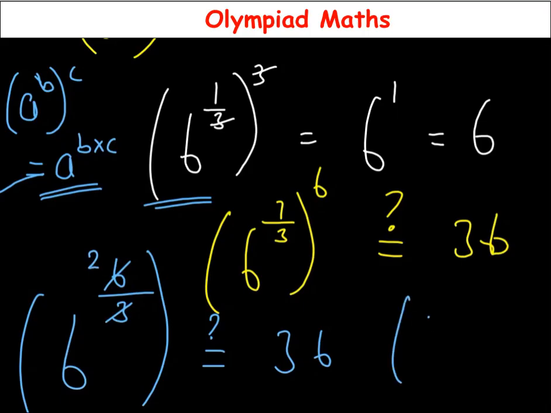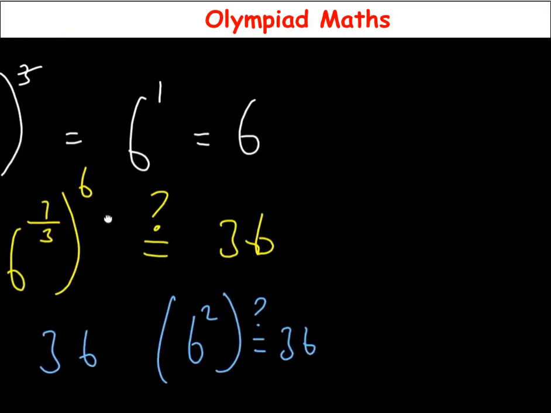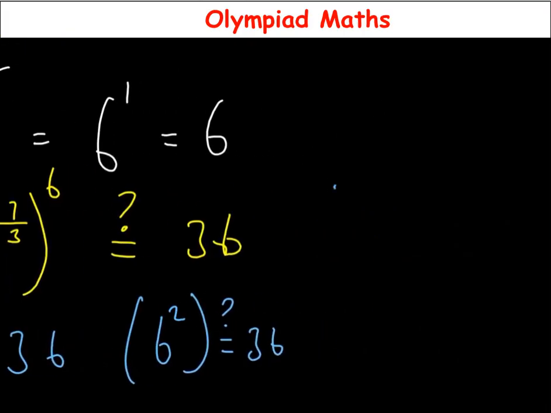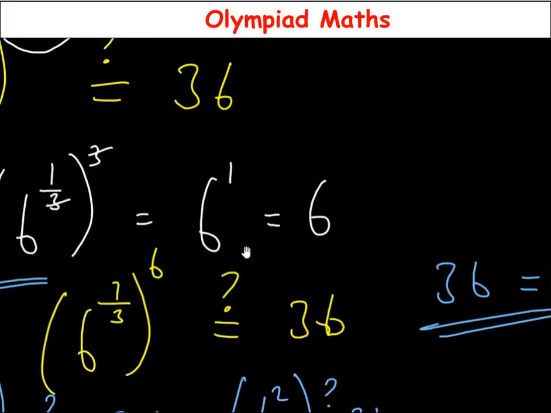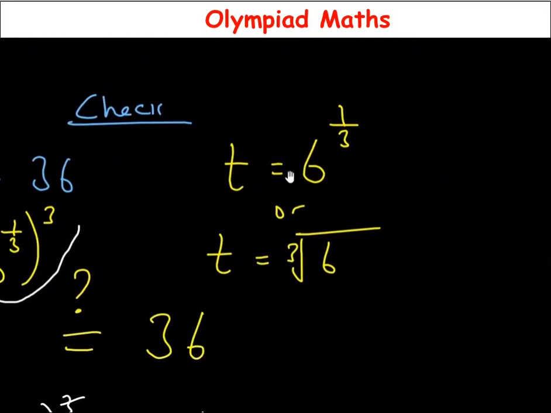So we have 6 raised to power 2 equal to 36? Now 6 squared is equal to 36, and this is equal to 36. So that means that the value of t that we got, 6 power of 1 over 3, is the correct value, and this satisfies the given equation.